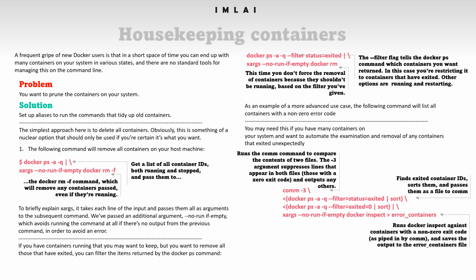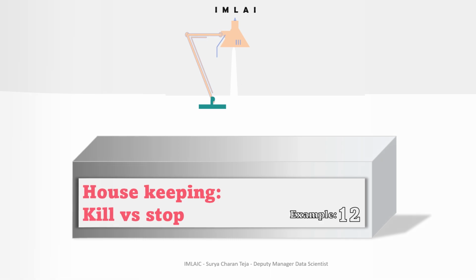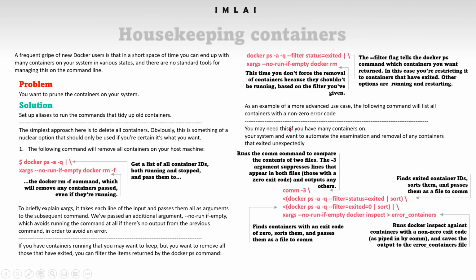Then finally xargs comes into the picture, runs docker inspect again against containers with a non-zero exit code, and saves the output to the error containers file. And it finds the containers with an exit code of 0, sorts them and passes them as a file to comm. Okay, so this is a bit advanced, we are not going to do it.